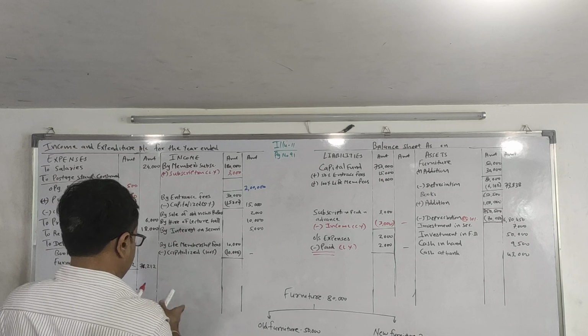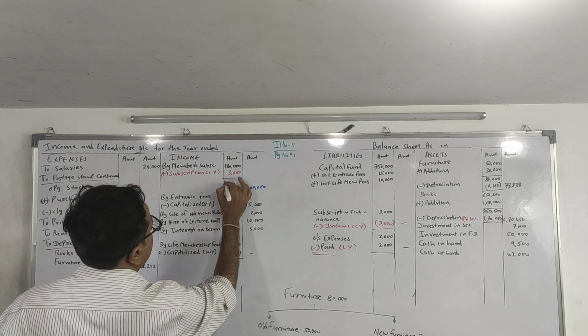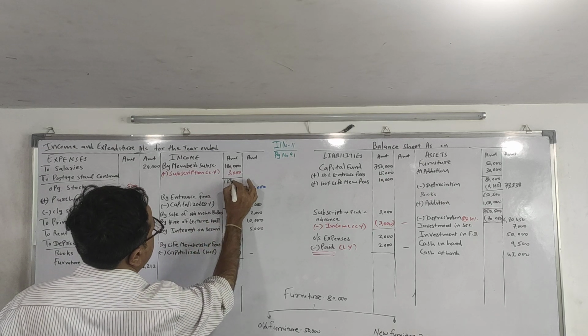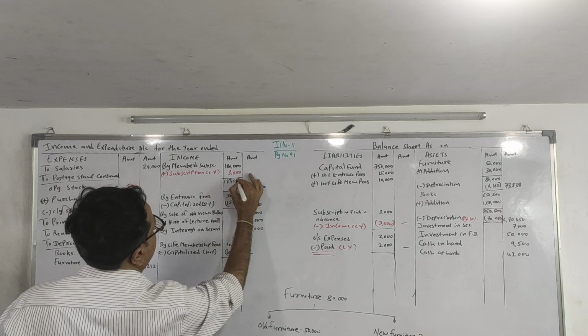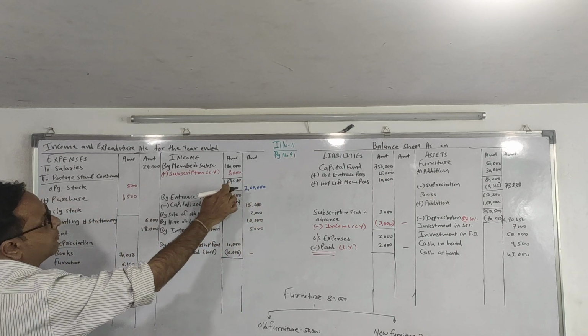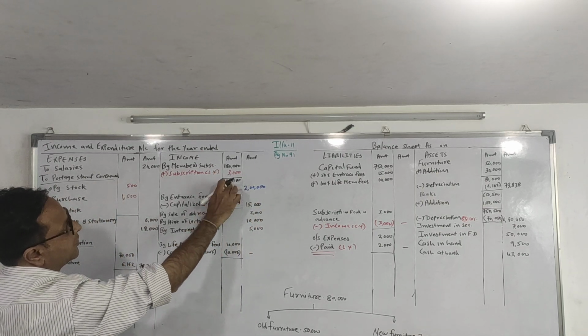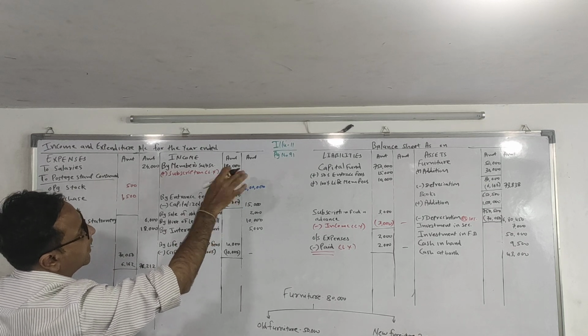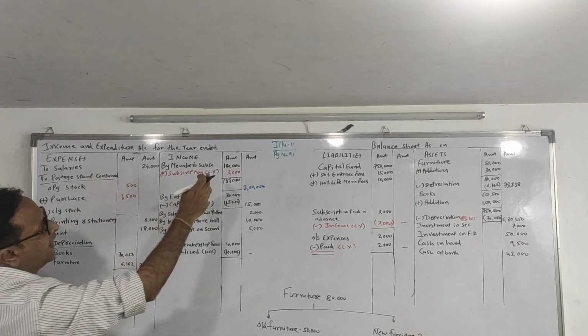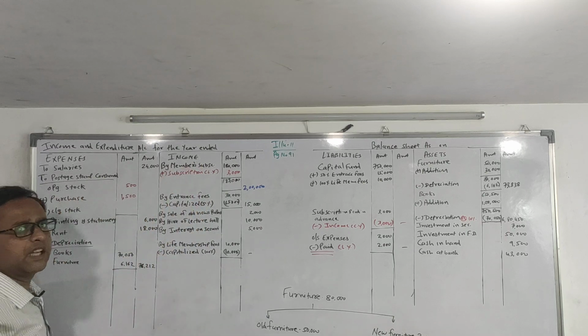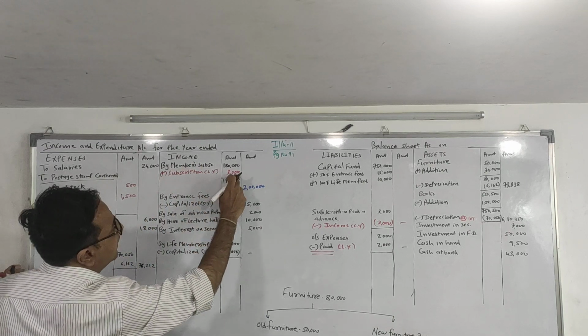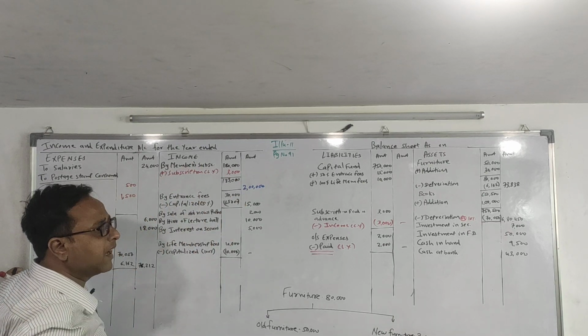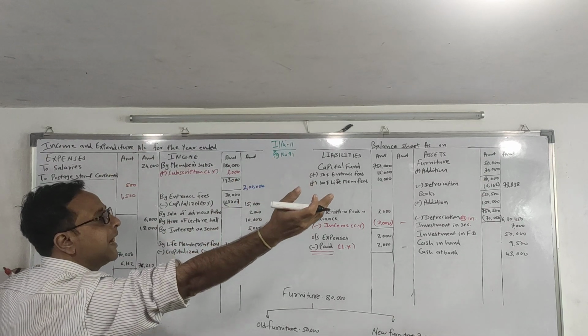The amount is 1,83,000. Correct? See, now this is my subscription, 1,83,000 we have received. 1,80,000 in the current year already given on receipt side, and 3,000 of subscription of current year we have received in last year.